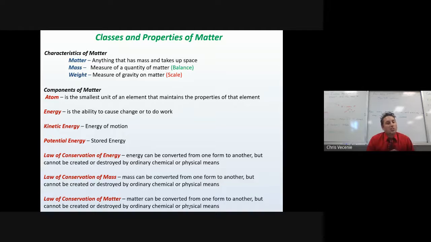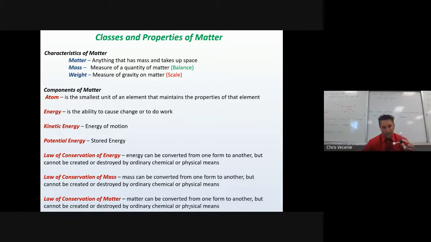Mass is the same thing. I must conserve mass. I can't create it. I can't destroy it. And it's because of the next law. I have to conserve matter. So I am allowed to take a molecule and rearrange it. I can pull pieces off and connect them in different fashions. But what I can't do is destroy any of these white spheres or this black sphere, and I can't clone them.